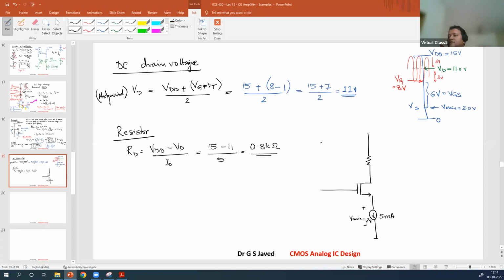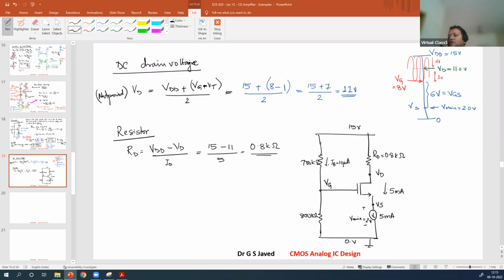Then your bias resistors (700 kilo ohm, 800 kilo ohm), VG, VS, VD, RD 0.8 kilo ohm, current through this bias resistor IB 10 microampere, current through this device 5 milliampere, total supply voltage 15 volt, ground connected 0 volt. So this is the actual complete circuit design, M1.